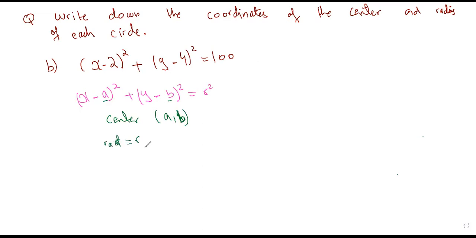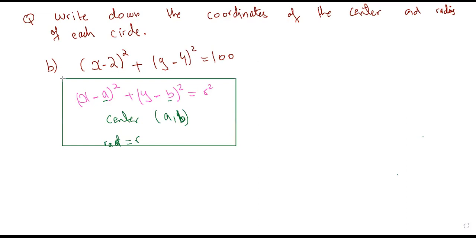So if we use this general form in order to find the center and the radius of the above equation, what are we going to conclude? This point is 2, this point is 4. So this means a is 2. Very good, Gayatri. Excellent. a is 2 and b is 4.